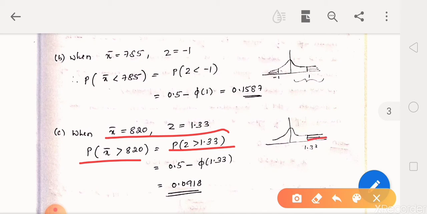Z greater than 1.33 is this shaded region. So the value of shaded region is 0.5 minus this region, that is phi of 1.33. Substituting the value of phi at 1.33 and simplifying, we get required probability as 0.0918.